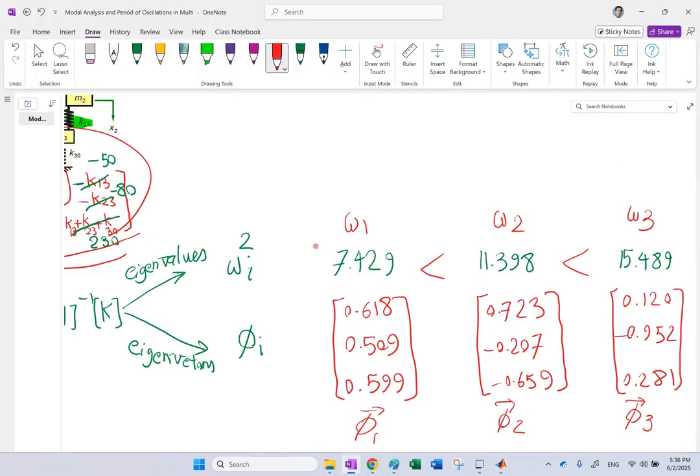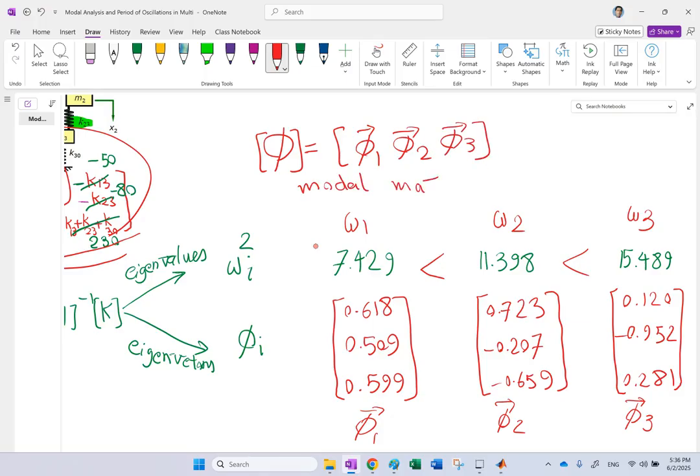So if I put these phi's together, my phi matrix, which is going to be vector phi 1 and phi 2 and phi 3, this is what we call the modal matrix, which is the matrix of mode shapes. So is there anything specific about this matrix or these vectors? The answer is yes. What is that?